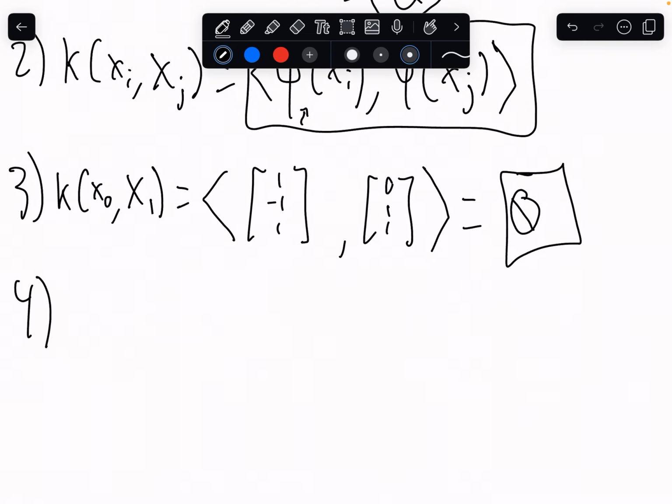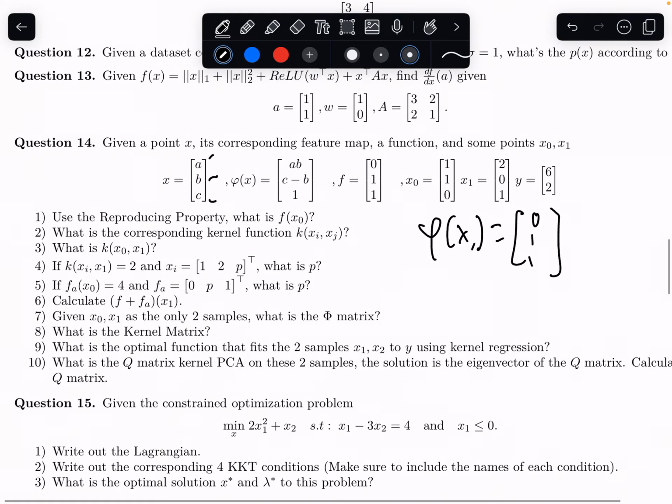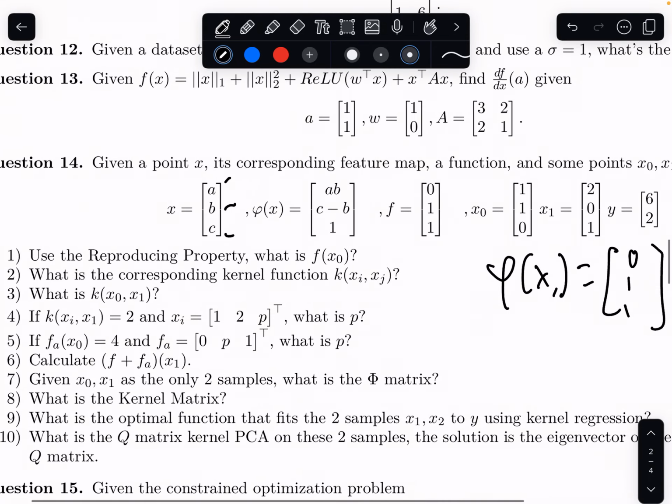All right. Now, let's move along. Part 4. If k of xi, x1 equals 2, and xi equals 1, 2, p transpose, what is p? So we're going to need to apply our transformation here.